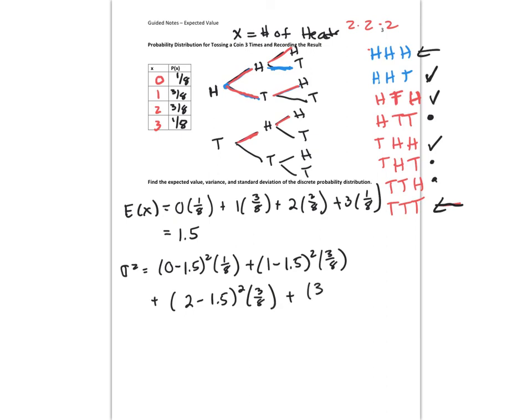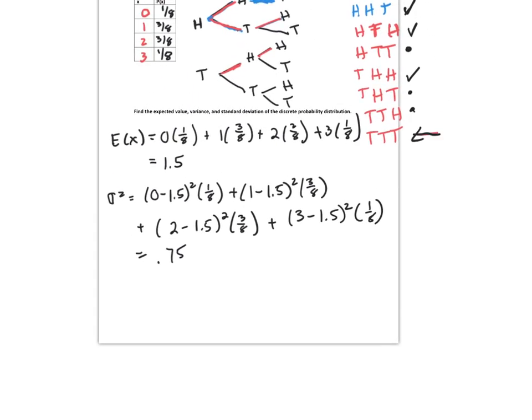Last, 3 minus the mean, squared, times 1/8. I used my calculator, and I got 0.75. And last but not least, I found the standard deviation, which is the square root of 0.75, and that's 0.866.